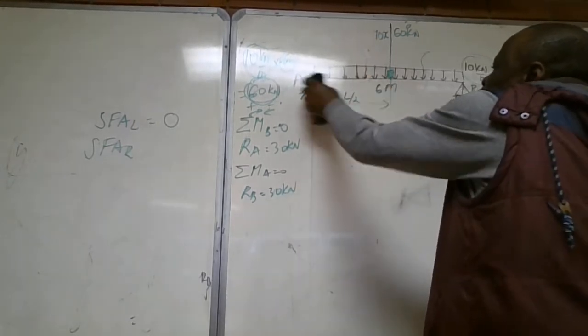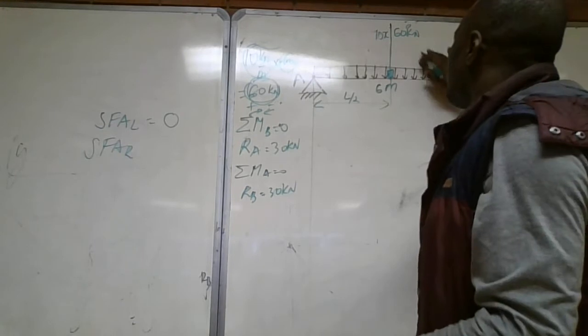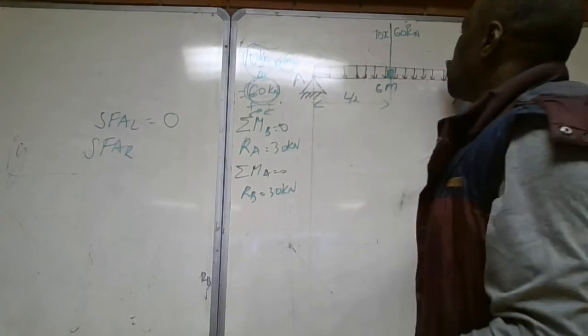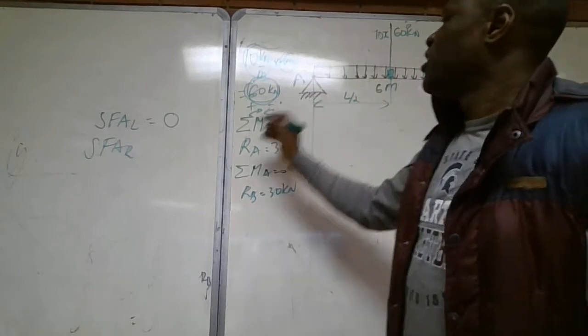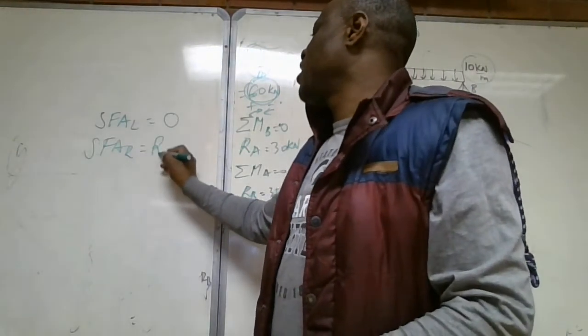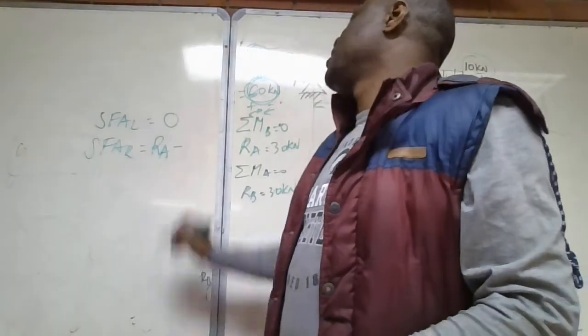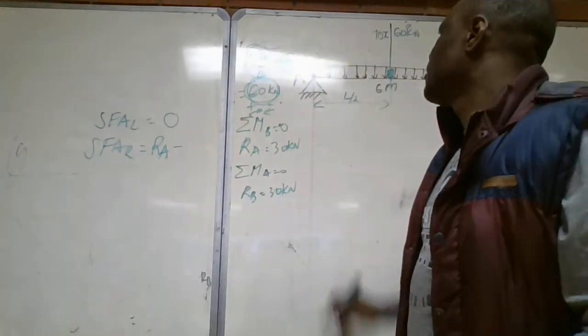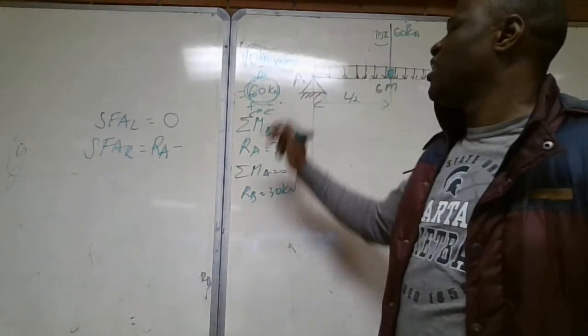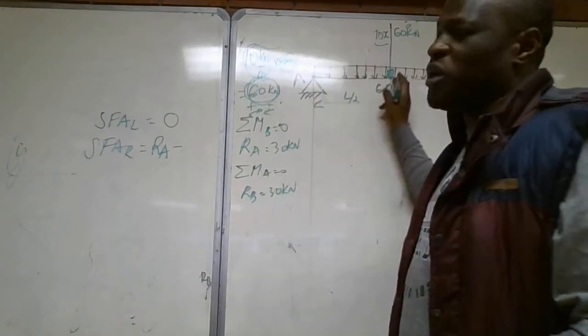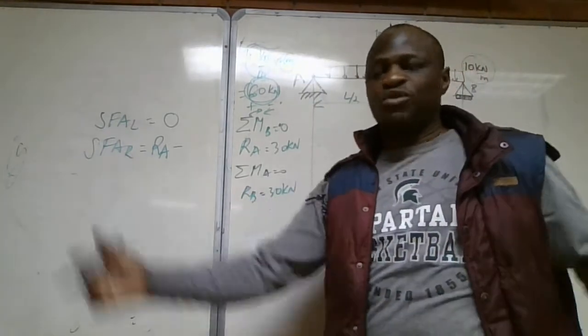We will have the reaction and a portion of the UDL, and therefore the equation will be RA minus 10x, because we're still on the zone where the UDL is distributed.